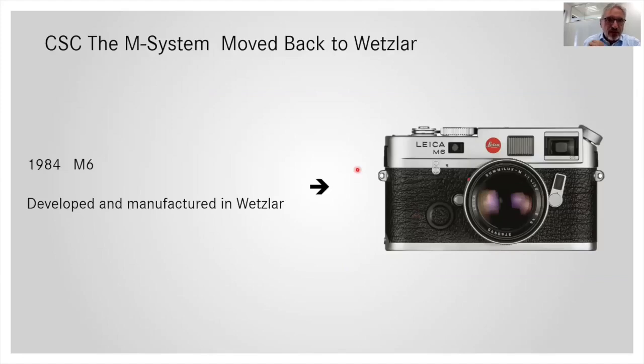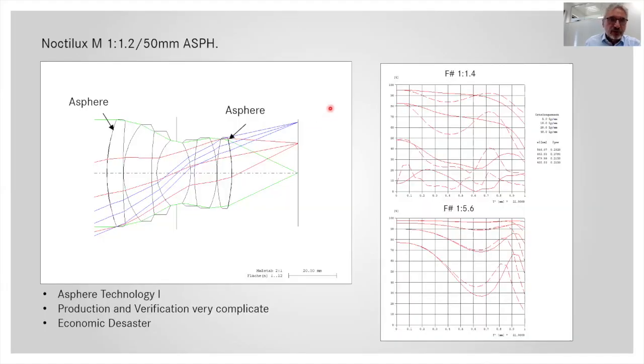To make it complete, in 1984 the camera moved back to Wetzlar, and development and manufacture was done by the colleagues in Wetzlar. So let's come back to the history of Asphere technology.